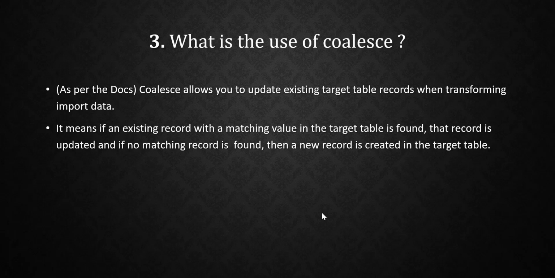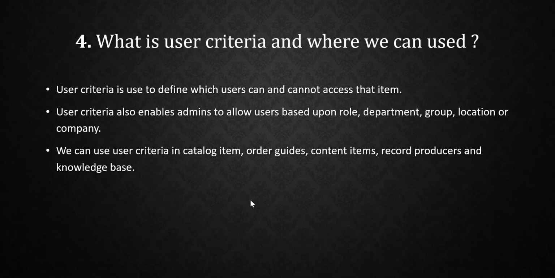At that time you set coalesce as true on the employee email ID field in the transform. What happens is, if that user already exists, their additional information gets updated, but if it doesn't exist, it will create a new record.